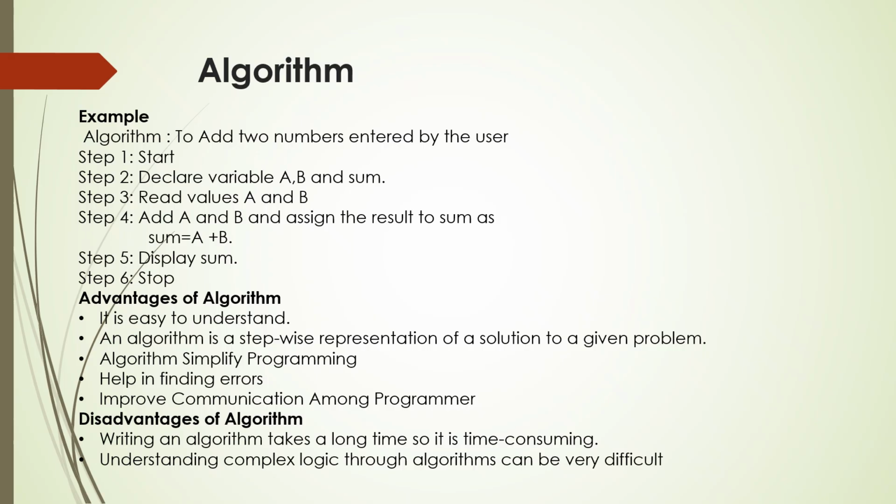At the same time, they can be time consuming to write and difficult to manage for very large and complex problems. Therefore, algorithms form the foundation of programming and are one of the most important tools used by every programmer before writing actual code.